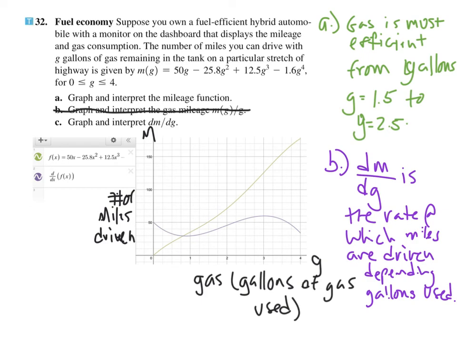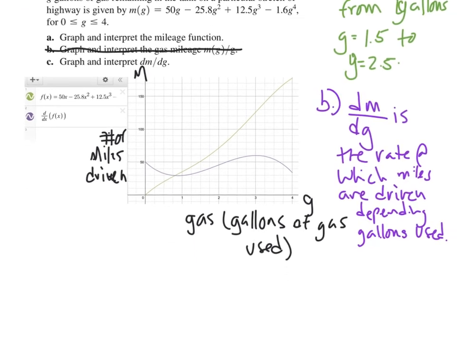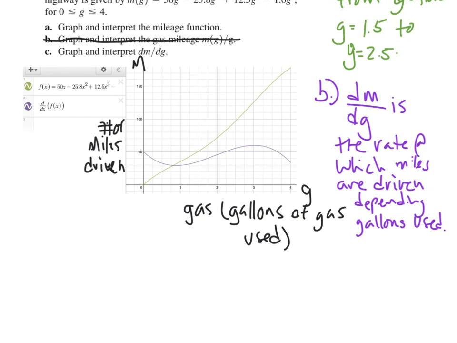If we look at our derivative function, we notice that the rate at which the miles per gallon changes is decreasing here, and then it seems to be increasing from about 1 to 3. When we're increasing our miles per gallon, we're going faster up here.